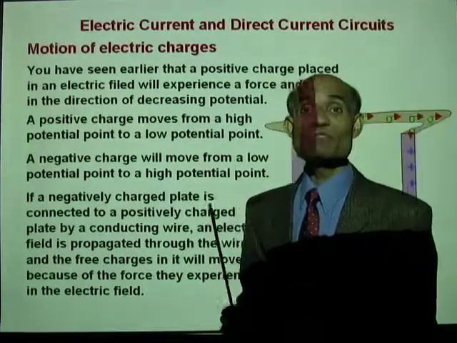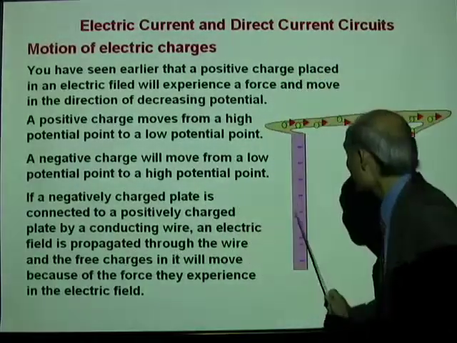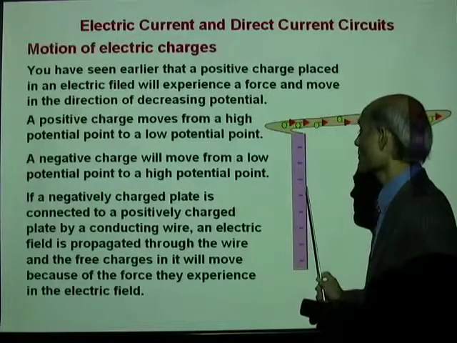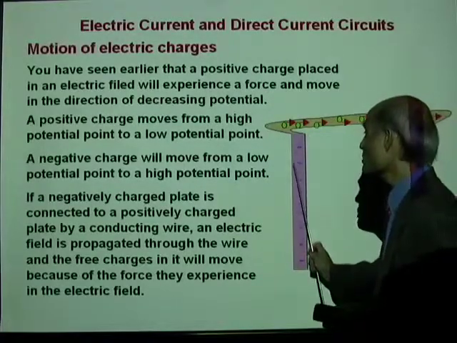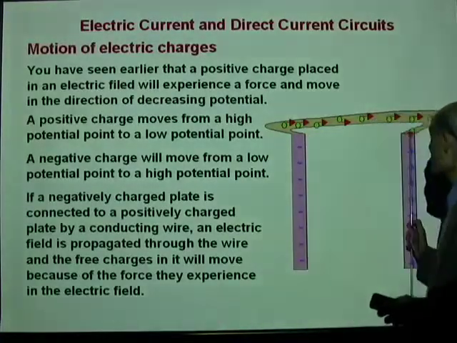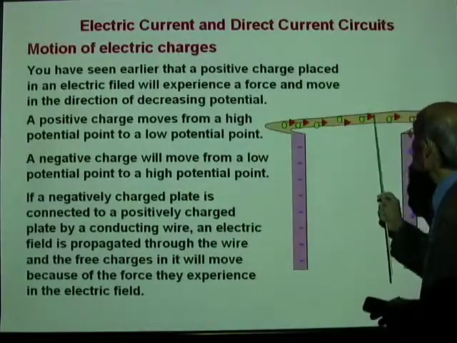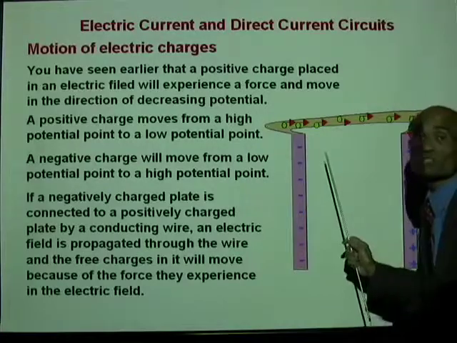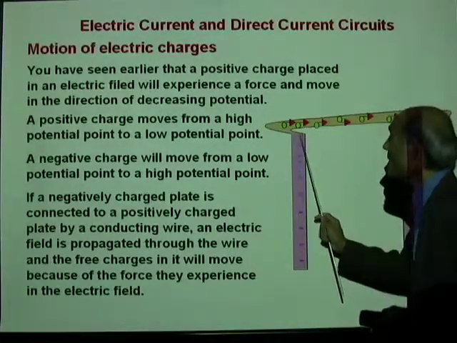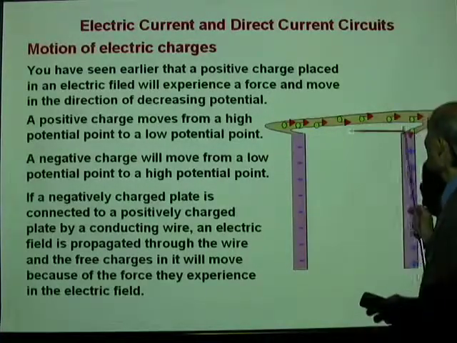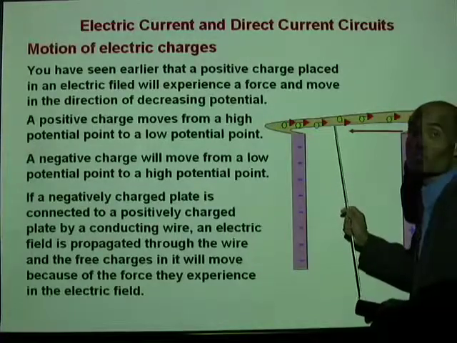If you have a negatively charged metal plate connected to a positively charged plate, and you establish a connection between them externally, an electric field will exist in that conductor.